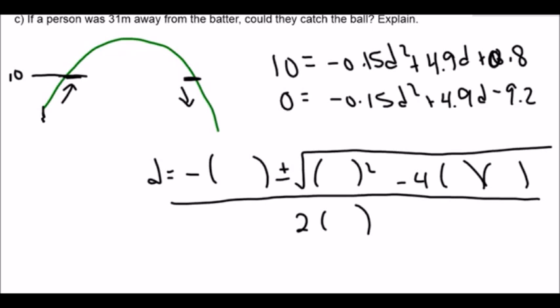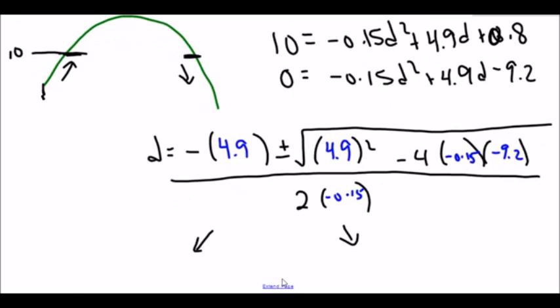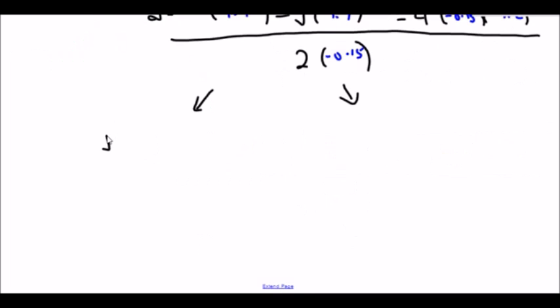And now the values: negative b plus or minus the square root of b squared minus 4ac, all divided by 2a. And again, calculating that out, I'll just fast forward a little bit because you've seen plenty of examples of this, and if you need more help, then you can ask for more help.